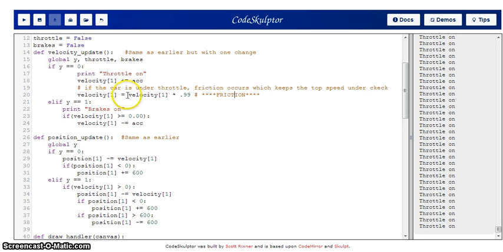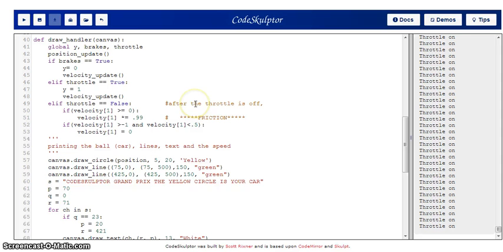I also have a similar line down under over here. Now this statement is responsible for gradually slowing down the car when throttle equal to false. So if the car is not having any throttle, the car gradually comes to a standstill even if the brakes are not applied, and that is because of the friction from over here.